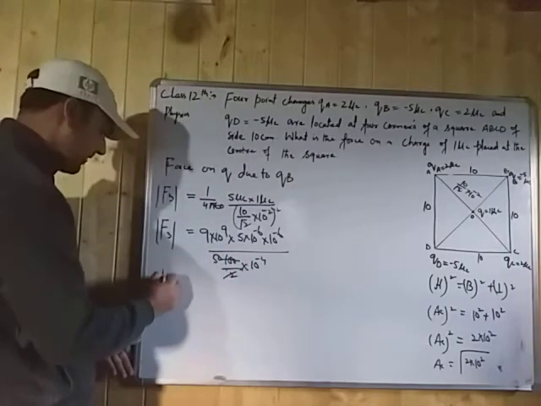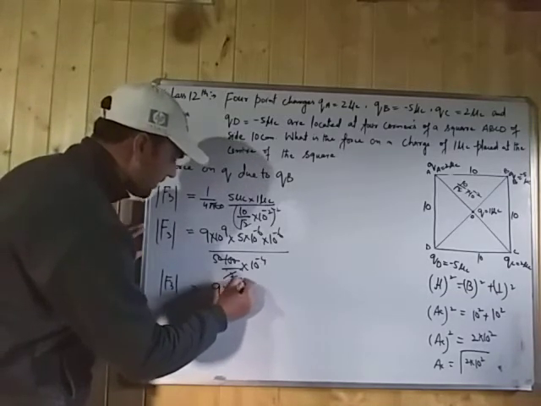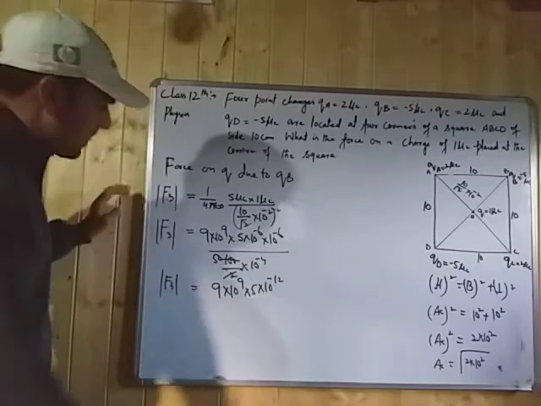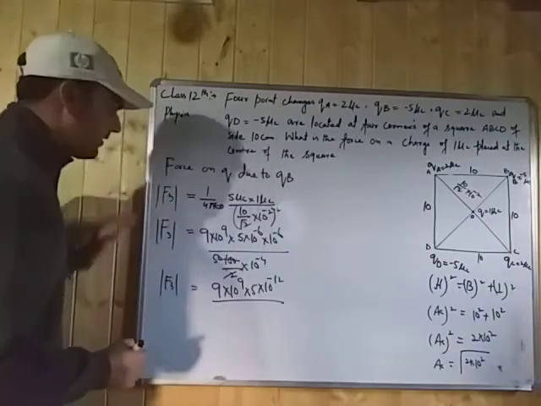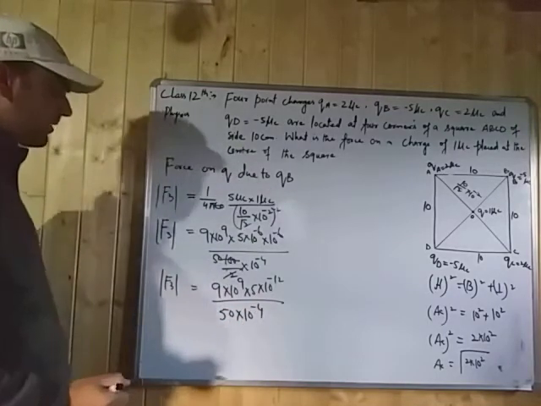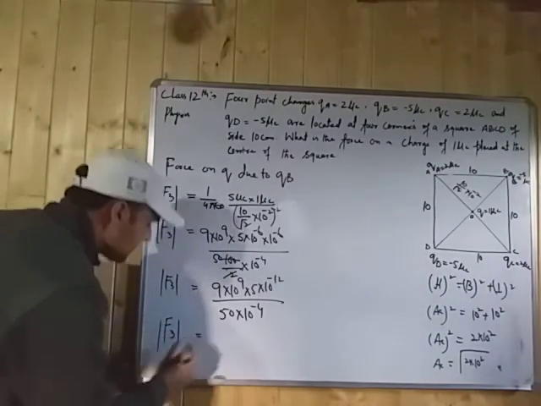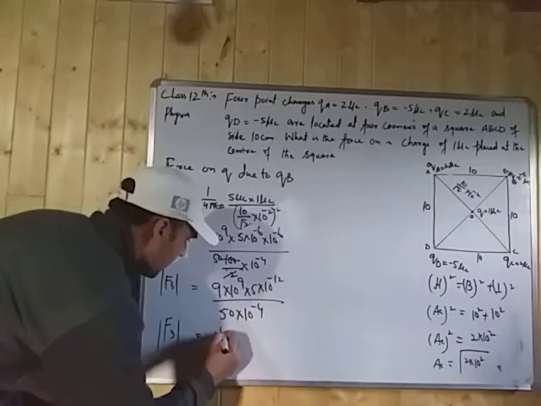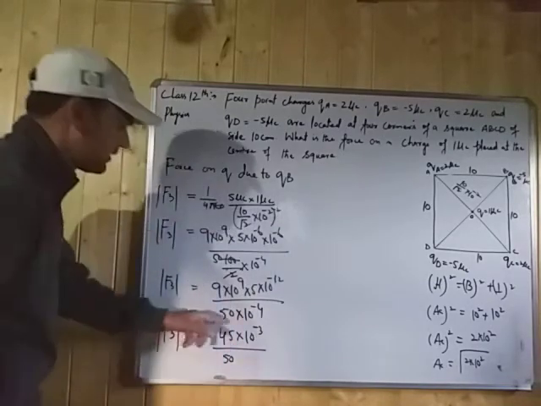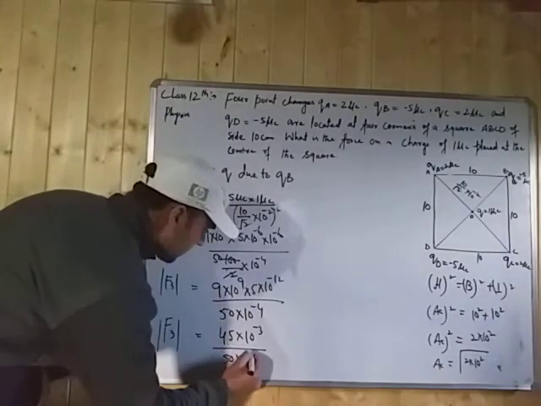So magnitude of the force F3 is equal to 9 into 10 raised to power 9 into 5 into 10 raised to power minus 12, divided by 50 into 10 raised to power minus 4.